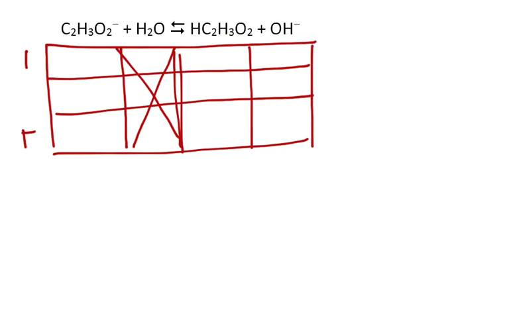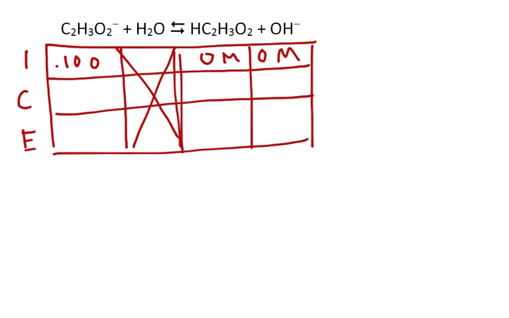The last row are equilibrium concentrations, and the middle row is a change that we go through to get from the initial to the final. We already have here that this is a 0.1 molar solution, and it's implied that this is 0 molar and that this is 0 molar because we didn't say we put any of that in. Now we can already see we're sort of running out of numbers.